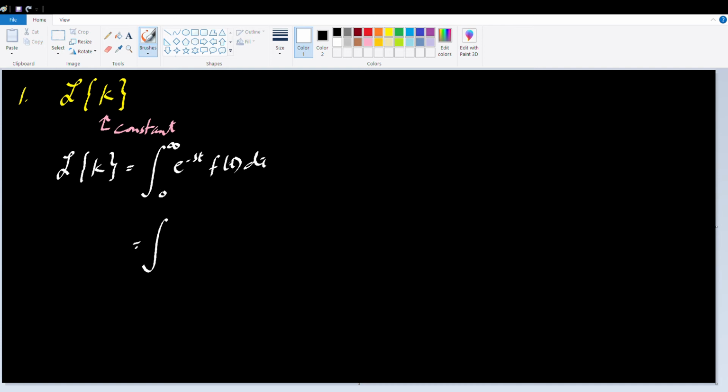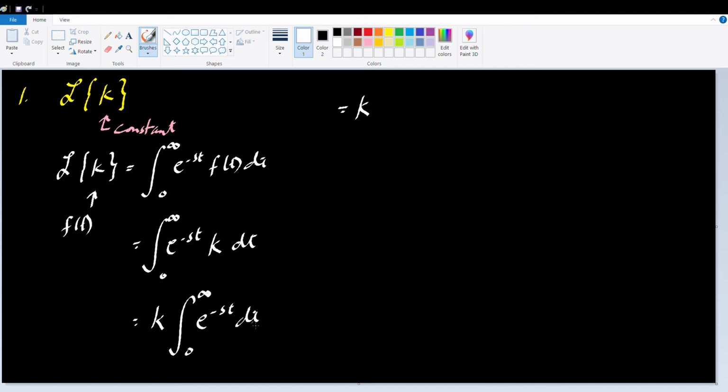Since f of t is equal to k, we have the integral of e to the negative st times k dt from 0 to infinity. Since k is a constant, we can write the integral as k times the integral of e to the negative st dt from 0 to infinity.